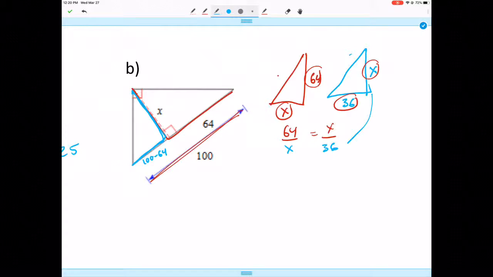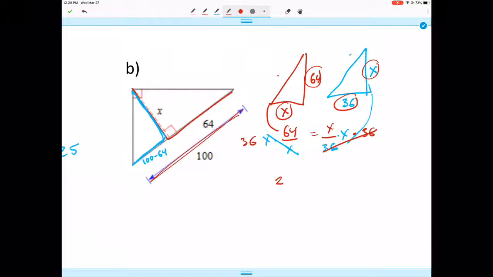So this is one triangle, this is the other triangle. All right, and you would do the same type of thing. You'd multiply both sides by x. That would cancel. And then we'd multiply both sides by 36, and 36 would cancel. So we would end up getting 36 times 64.